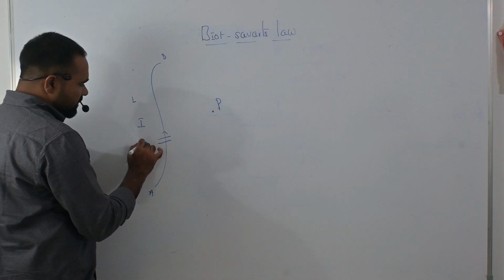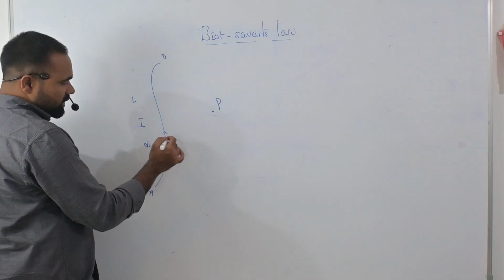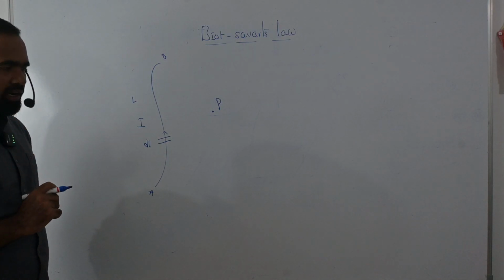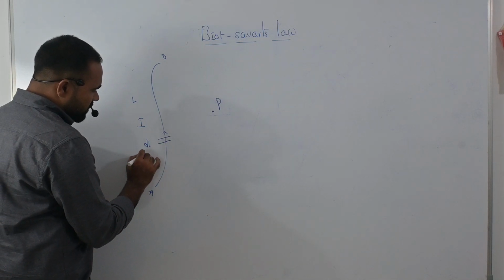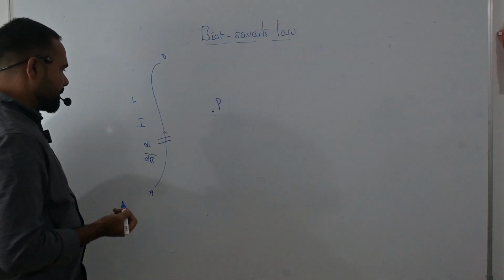Each element's length can be taken as dl. The current moving through the dl element will produce a small magnetic field strength, dB vector, because the magnetic field is a vector quantity.